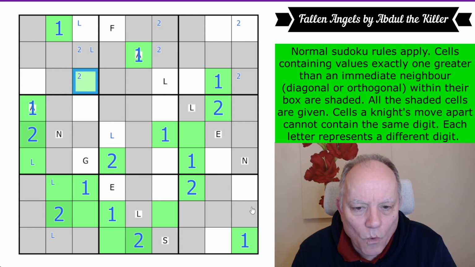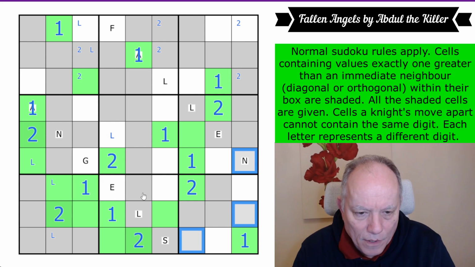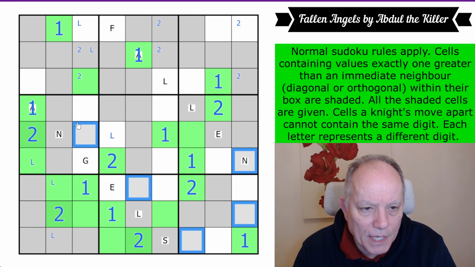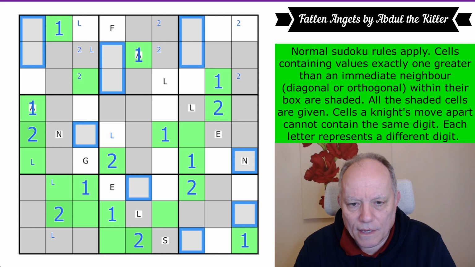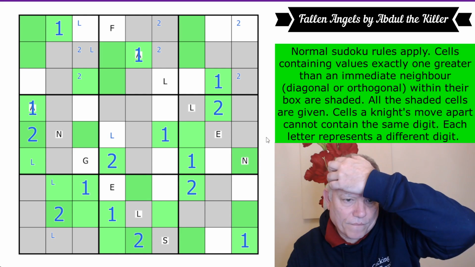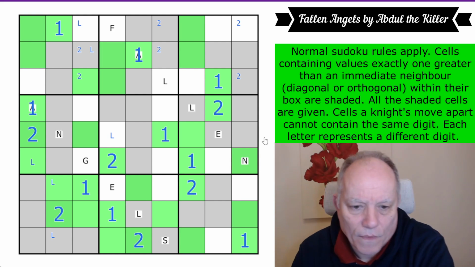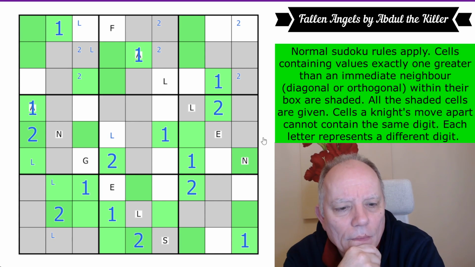Right, also, 3 cannot be in a cell that is grey and not touching its 2 in the box. So I'm seeing if I can find some of them. Well, those 2 definitely, those 2 definitely, those 2 definitely. That's quite a few. 3 could be L, which is interesting.